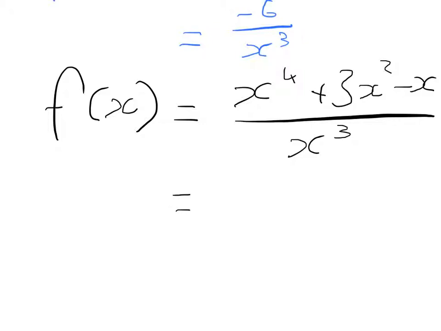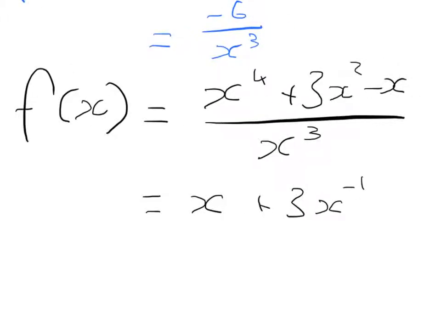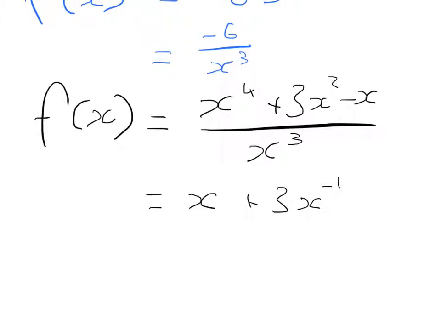First of all, we can do each part by itself. X to the 4 divided by x to the power of 3 is x. 3x squared over x to the power of 3 is going to be 3x to the power of negative 1, because 2 minus 3 is negative 1. And then we have negative x over x cubed, which is minus x to the power of negative 2.